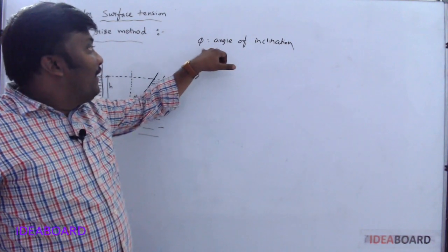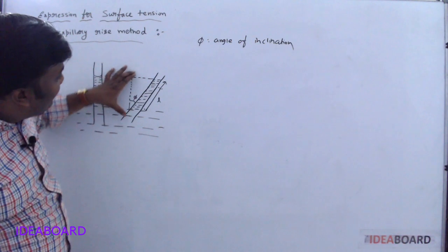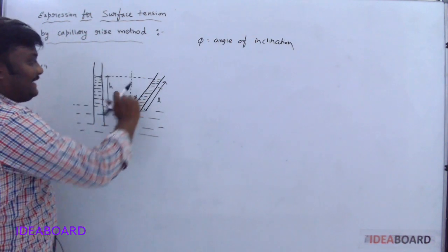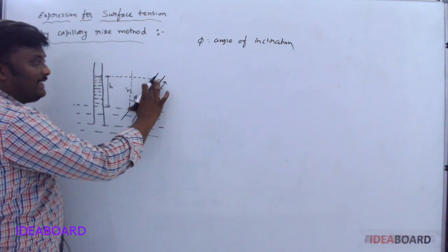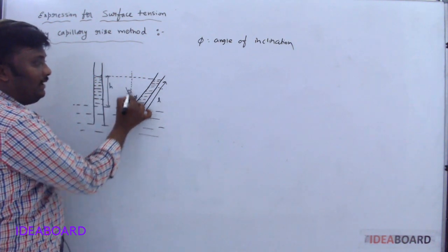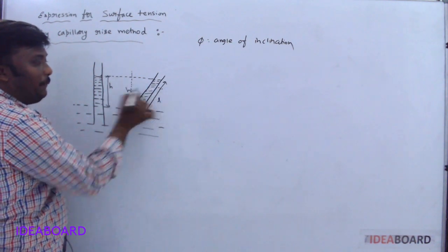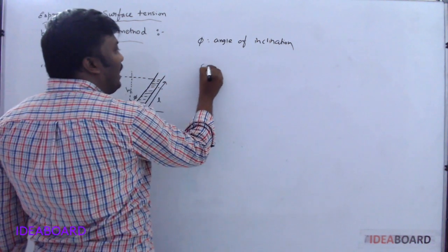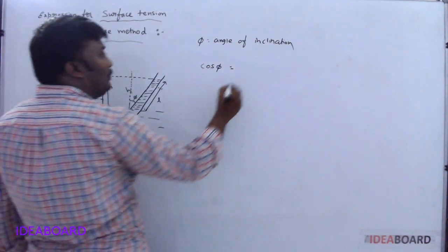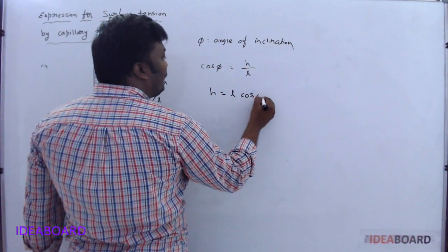But here phi is nothing but the angle of inclination, how much angle you turn this glass tube. Clear? Now this is h and this is L. Let us see this triangle. In this triangle, we know the side and we know the hypotenuse. So, can you find cos phi? What is the value of cos phi? Cos phi is equal to h by L. So, h is equal to L cos phi.